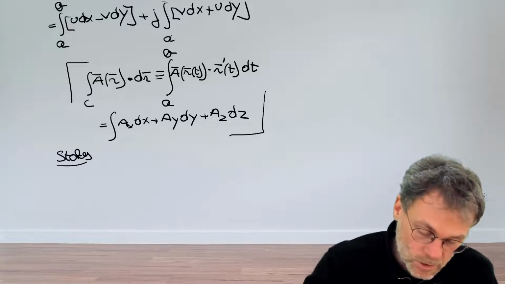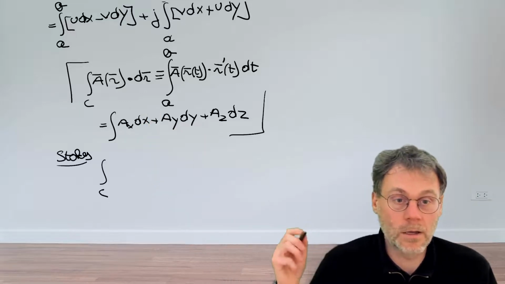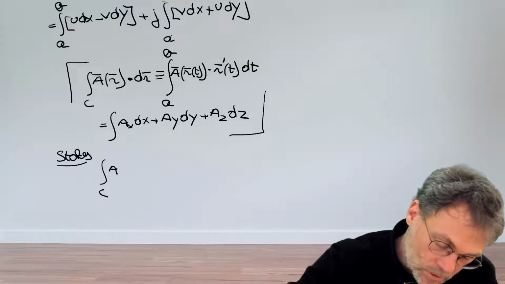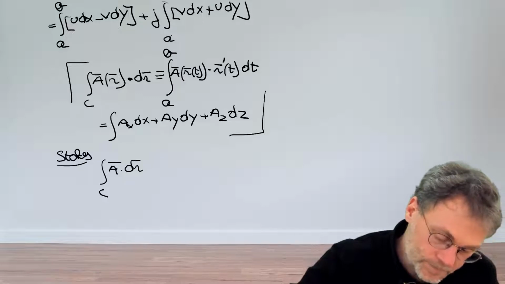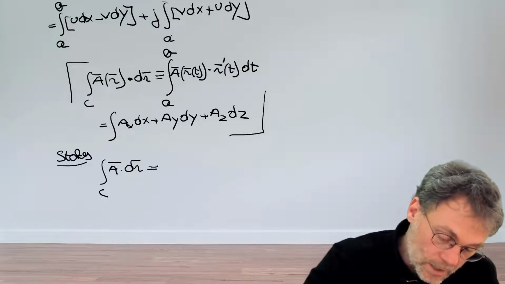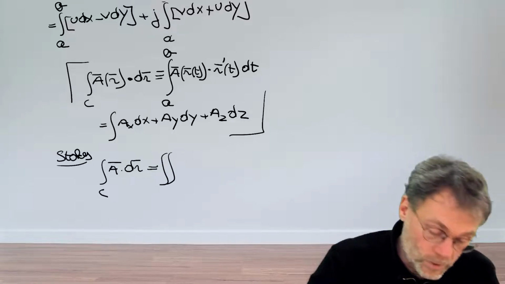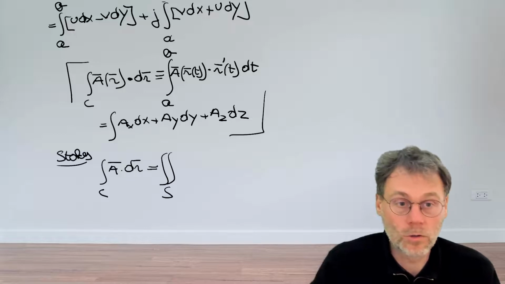Stokes basically told us that if you have integrals like this here, so if you have an integral of A dr over a certain curve, a closed contour, you can also write this as a surface integral over the inside of our contour.